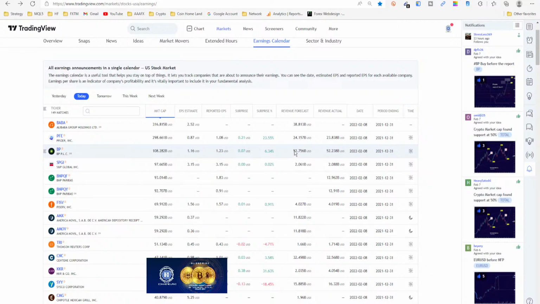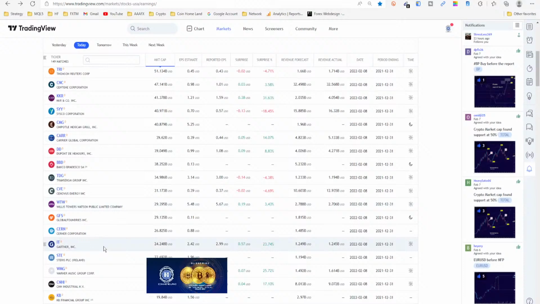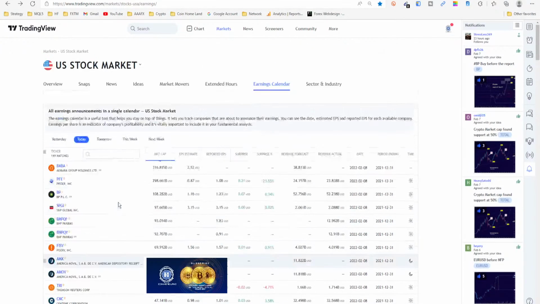Of course, because oil prices are really high, so British Petroleum prices are really high. So a lot of companies continue to report, guys, and that's the fuel for the indices to continue moving.